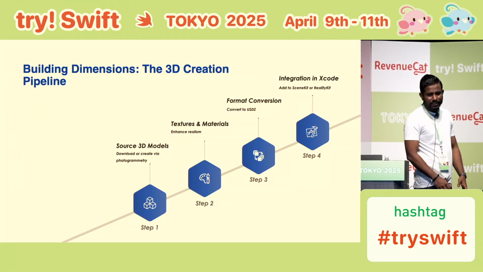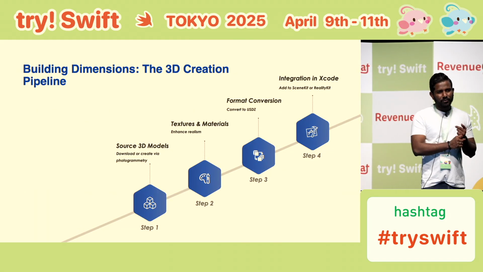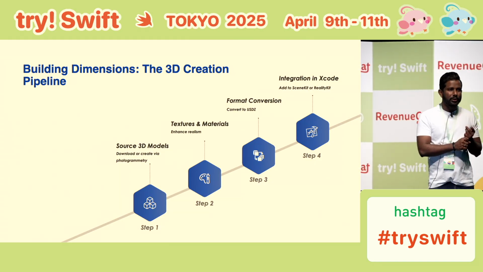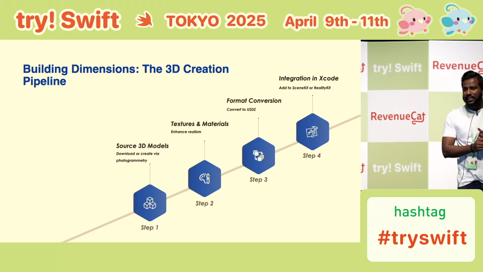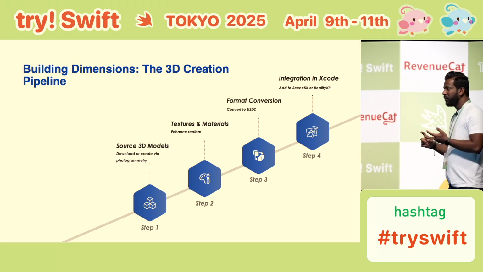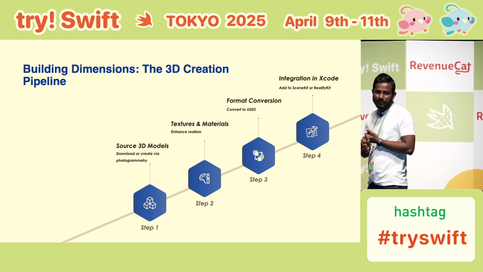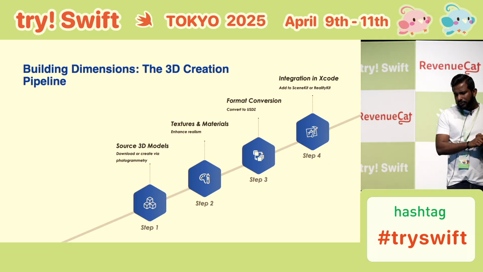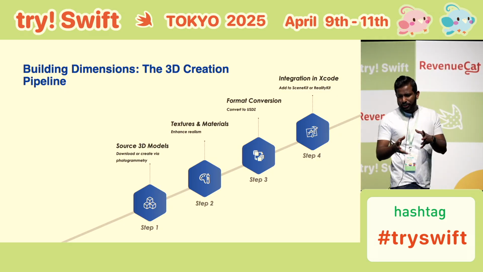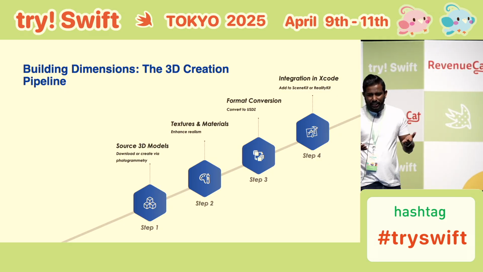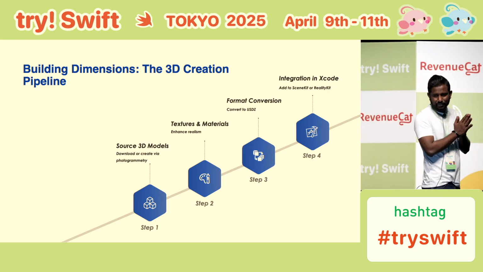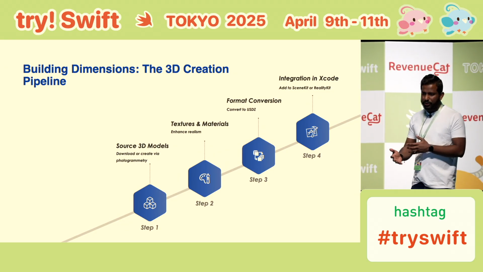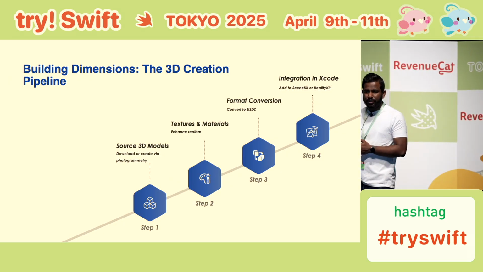Create the 3D content, maybe using photogrammetry, maybe asking your friend to create it, or maybe using AI models. Somehow you need to create the 3D models. Then you need to embed the textures and the materials. Then you use the Reality Converter and convert into USDC.